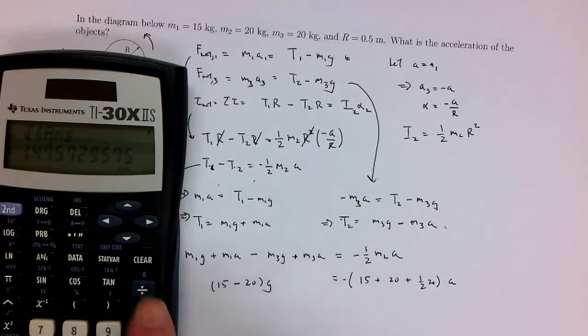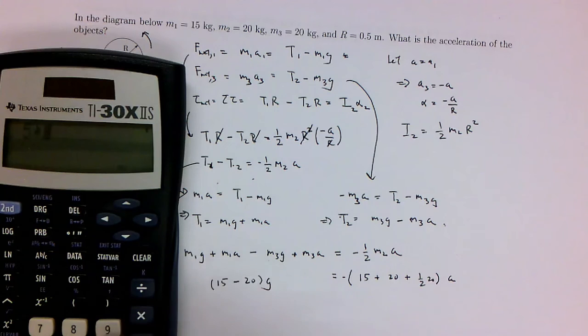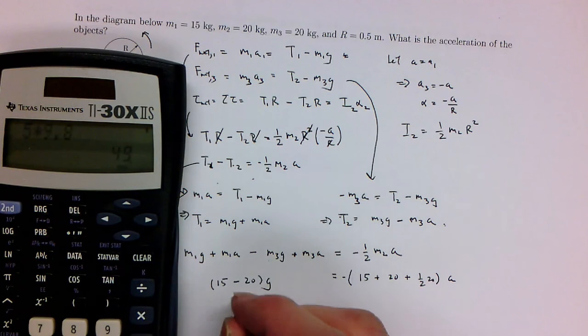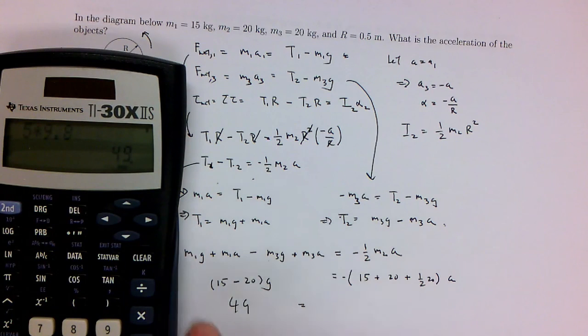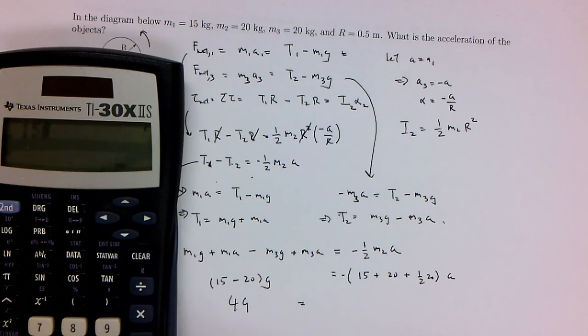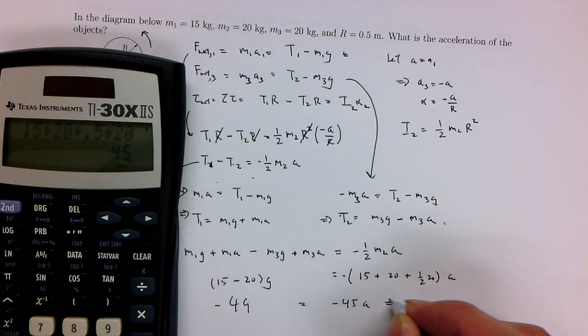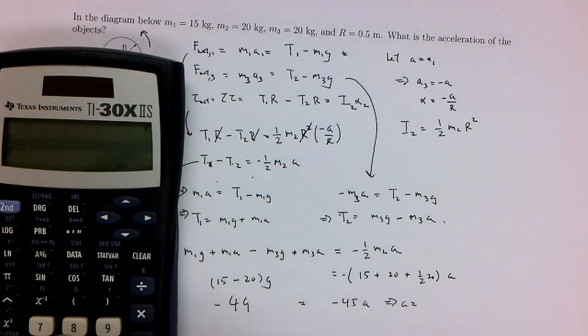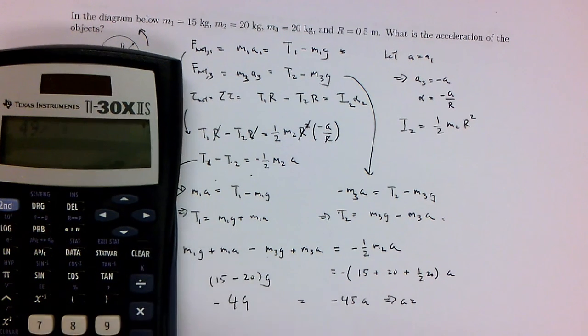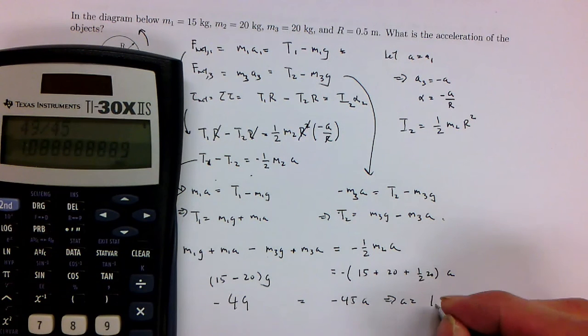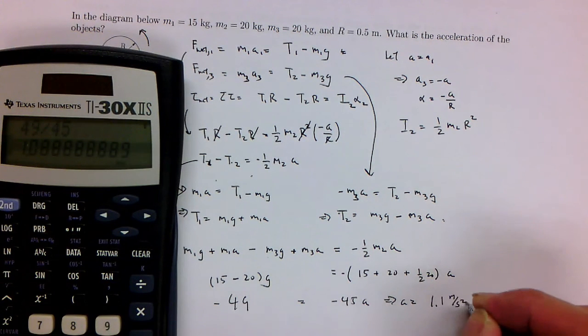This is going to be 5 times 9.8, which is 49. And it's equal to 15 plus 20 plus 0.5 times 20 again, that's 45, minus 49 equals minus 45A, which implies A is equal to 49 divided by 45, or 1.1 meters per second squared.